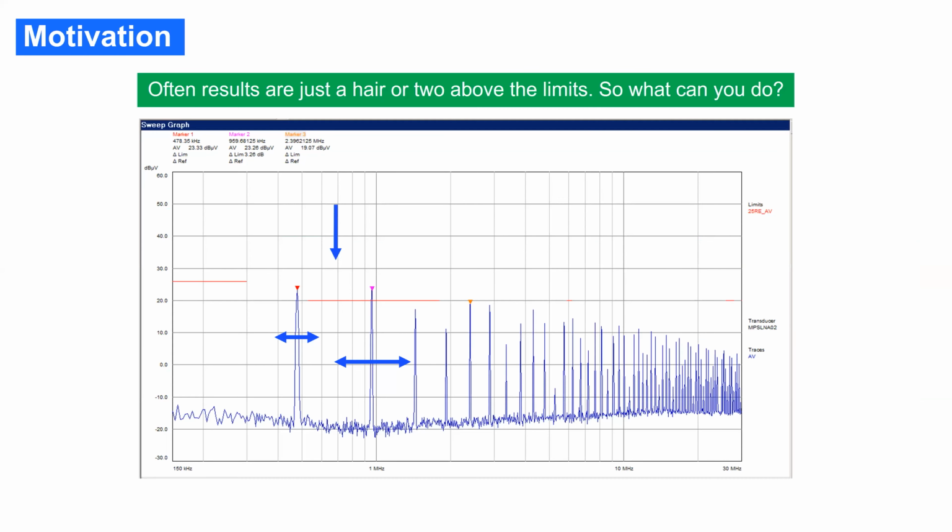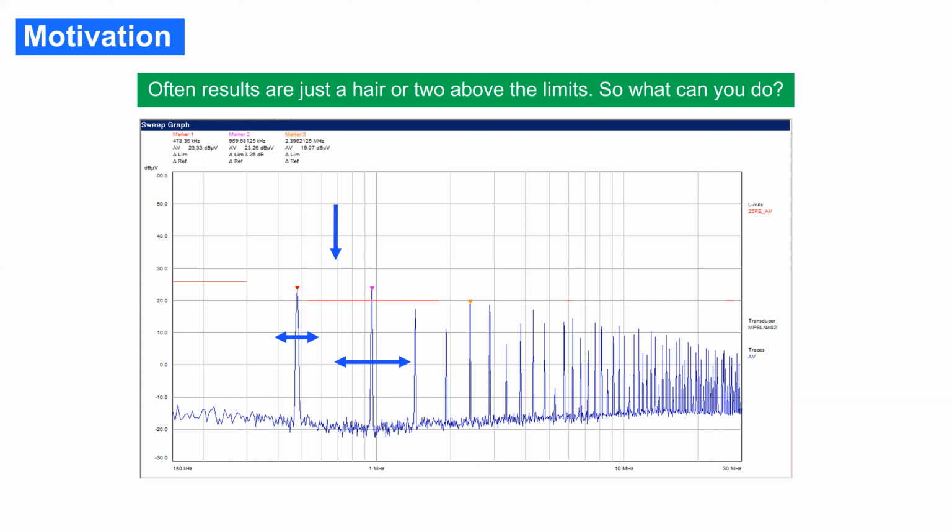If you look into the EMI measurements of a typical fixed frequency switcher, often you find that you are a little bit above the limits, so you have to do something, which typically means that you have to shield, filter, change your layout, and so on.